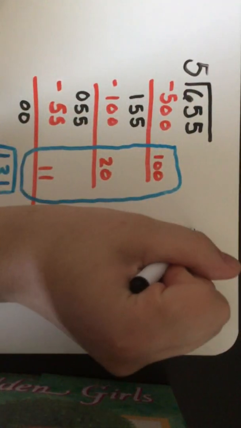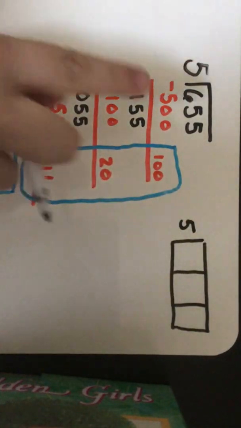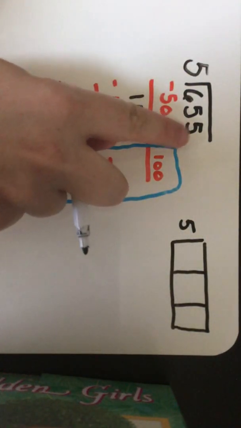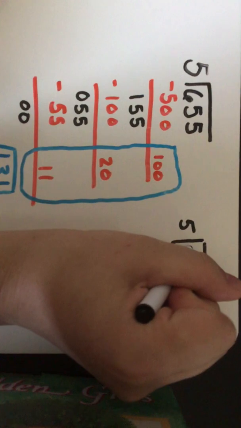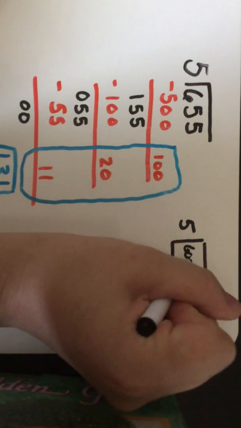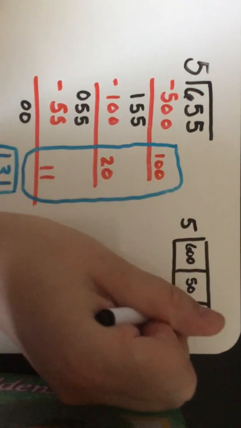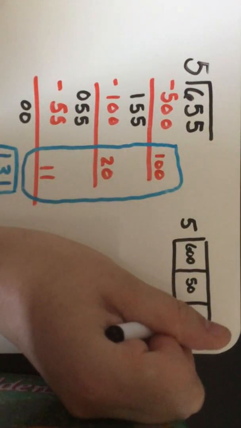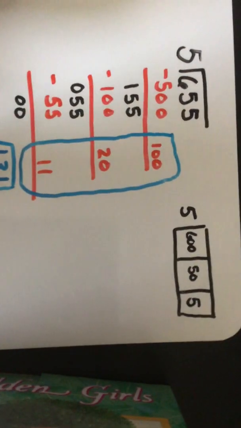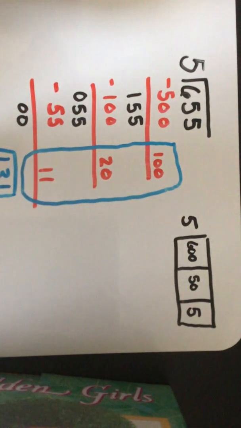So I know 5 is what's going into it, and since 655 is my number, I'm breaking it down into 650 and 5. And then I take each step to divide each one.